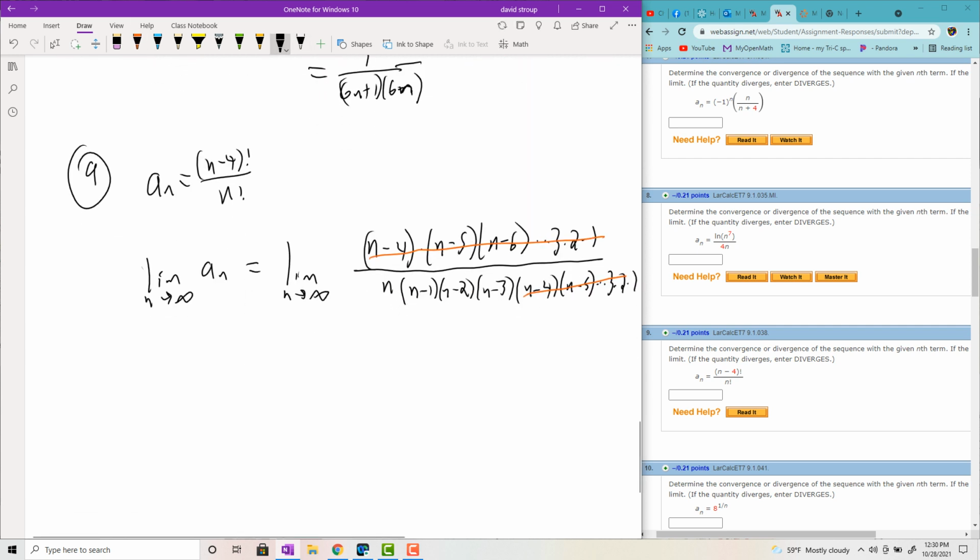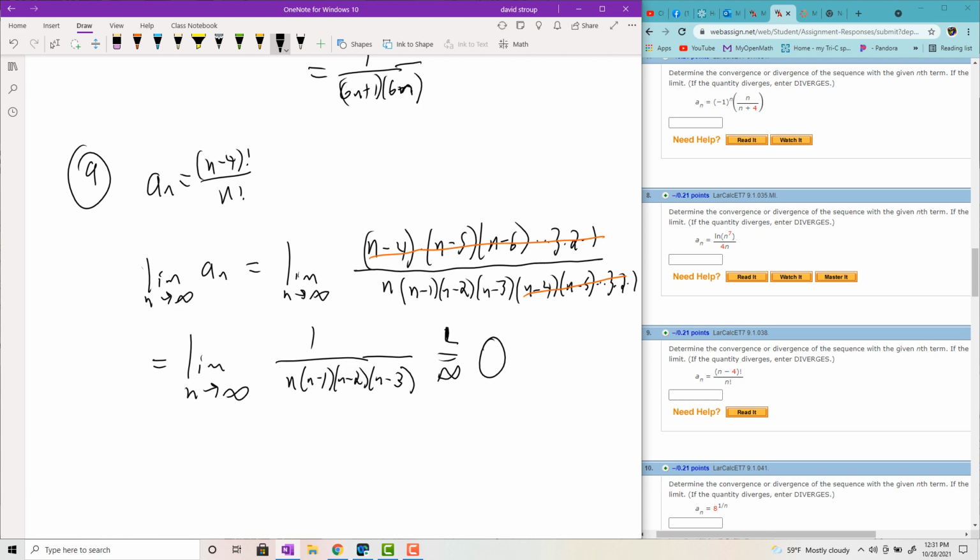And you end up with the limit as n goes to infinity of 1 all over some sort of fourth degree polynomial, right? I'm not going to multiply that out. That would be insane. The denominator is going to go to infinity, right? So you have L over something going to infinity where L is just a constant, right? So those forms always go to 0, so that limit would be 0.